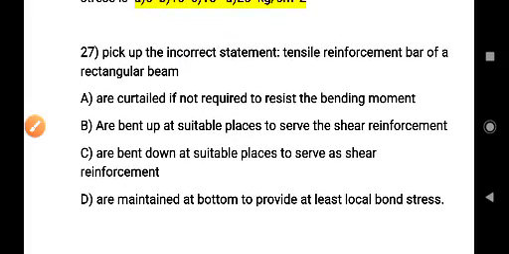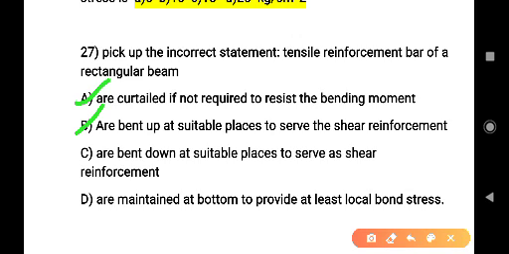Question number 27. Pick up the incorrect statement. Tensile reinforcement bars of a rectangular beam: are curtailed if not required to resist the bending moment; are bent up at suitable places to serve as shear reinforcement; are bent down at suitable places to serve as shear reinforcement; are mentioned at bottom to provide at least local bond stress.